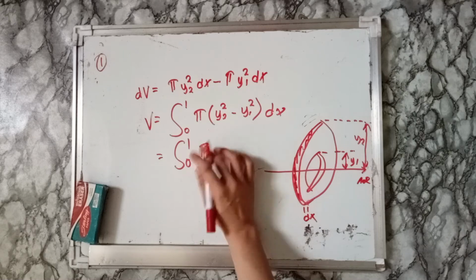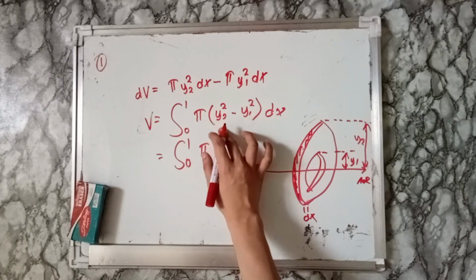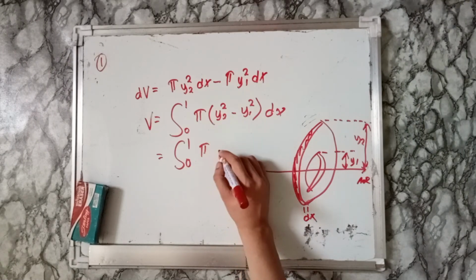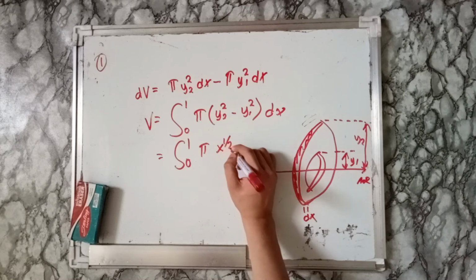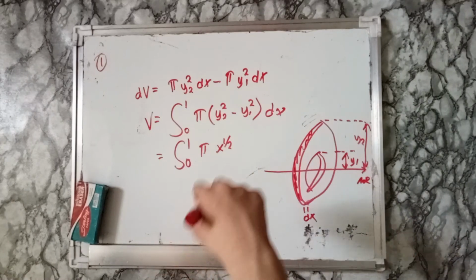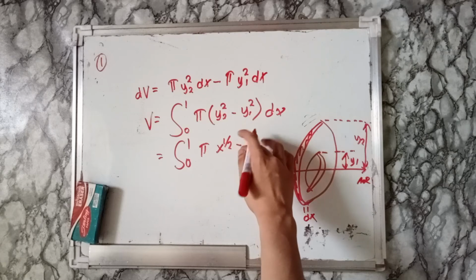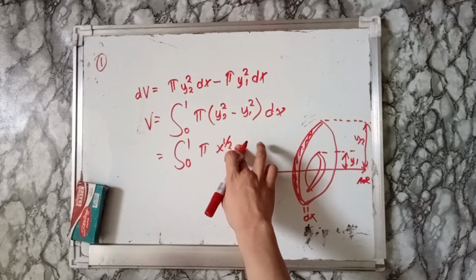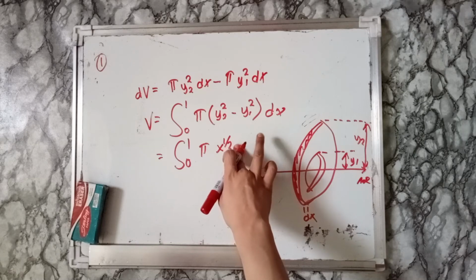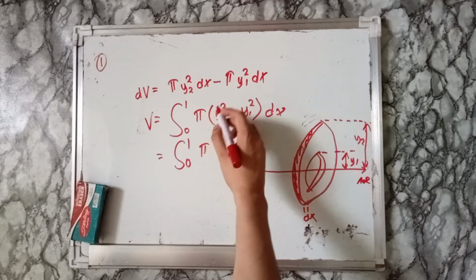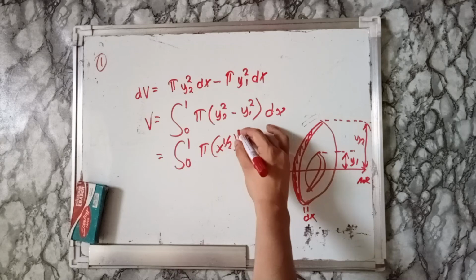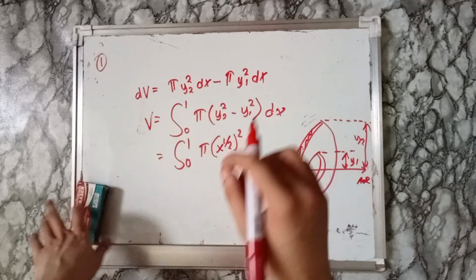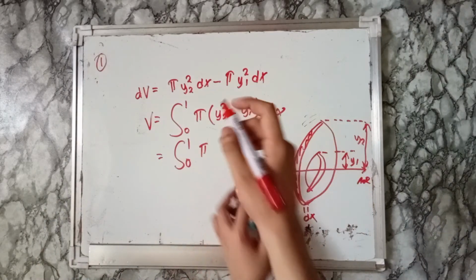So now our y sub 2 is, let's say, x raised to 1 half, since our y sub 2 is square root of x, minus our y sub 1. By the way, if there is a square, this is just going to be x, right?